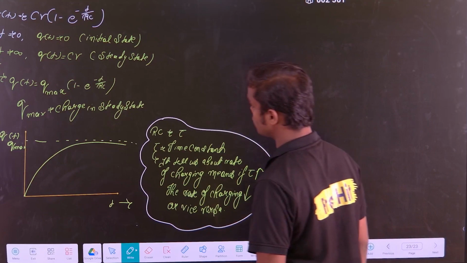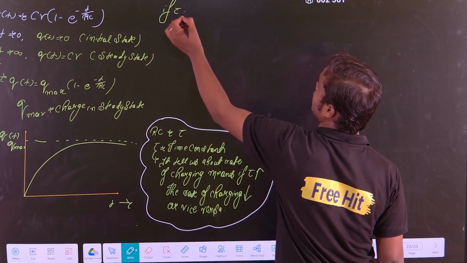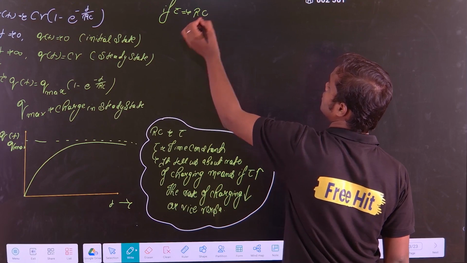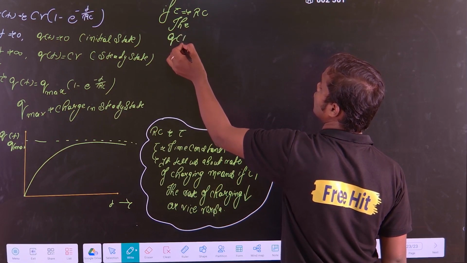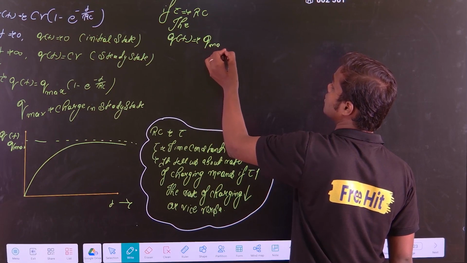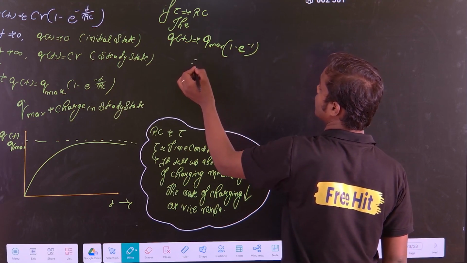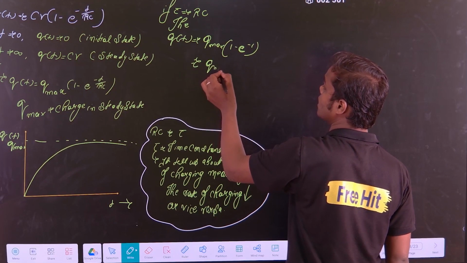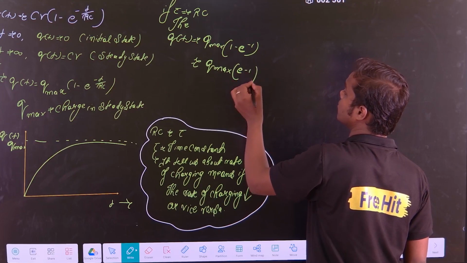Now if my tau is equal to RC, then my Q of t is how much? Q of t is Q max into 1 minus e to the power minus 1, that is Q max into 1 minus 1 by e.